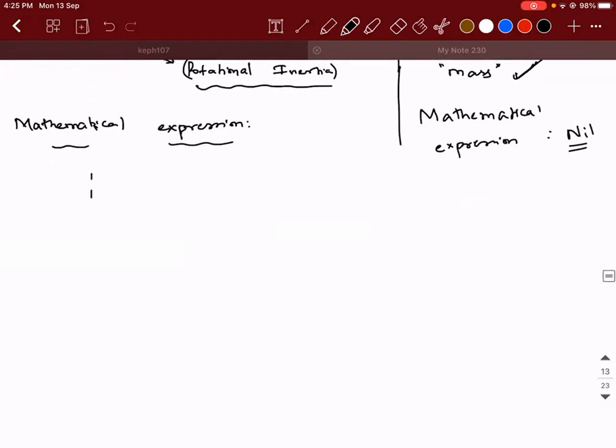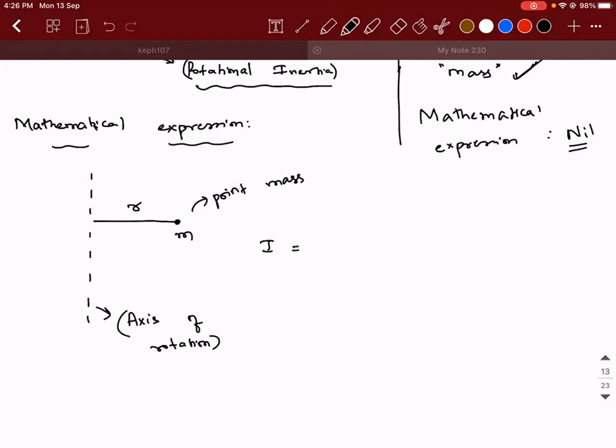So if I take this as the axis of rotation, and let's say there is a point mass which is present at a distance r from the axis of rotation. Then moment of inertia is defined like this: mass into square of perpendicular distance.